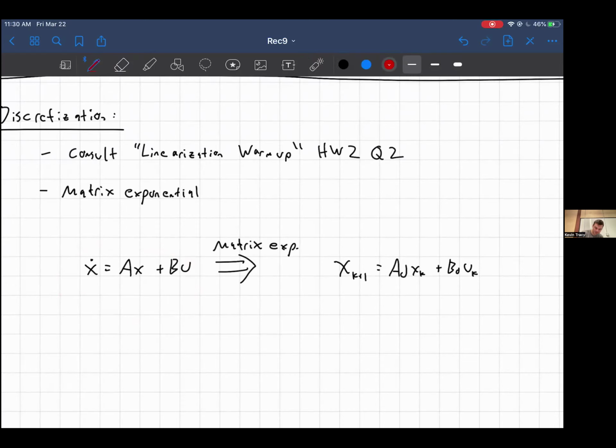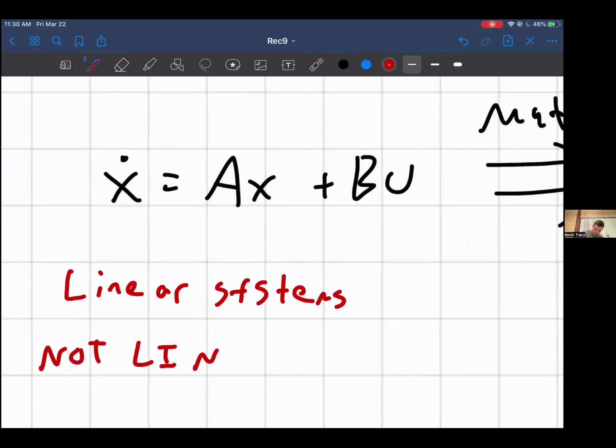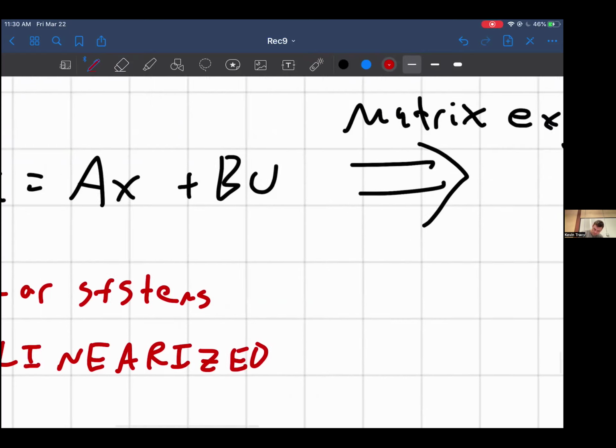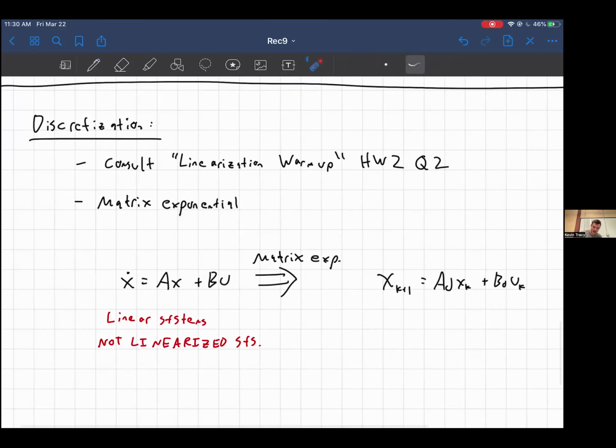I'll make this extremely important: linear systems, not systems that have been linearized. There's a very important distinction here. For linear systems, I use the matrix exponential, and this gives me my discrete time system. But do not use this once you linearize the system, especially one that is moving in time. When in doubt, don't do this.